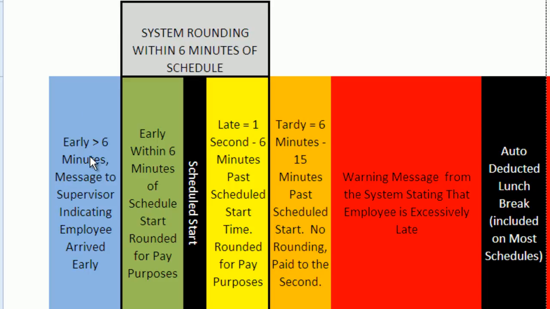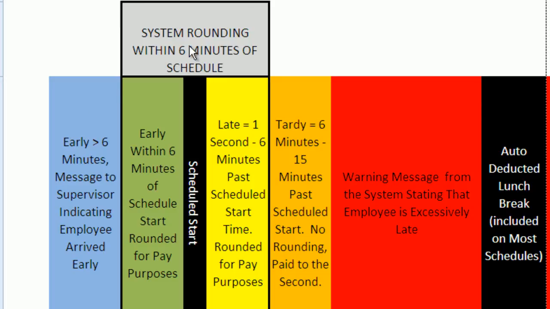But we have this message there to indicate that, hey, this could be the scenario. So you want to check, why is this employee early? If he isn't actually working, then you'll want to adjust that scheduled start time so he doesn't get paid any additional time. If he is early and he's actually working, then you can just adjust his scheduled start time to make the message go away. We'll go through that in detail when we get into Time Manager's Workplace.